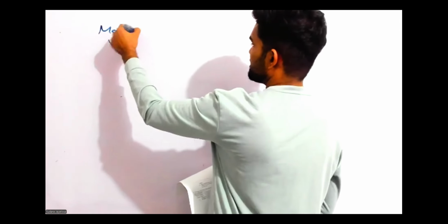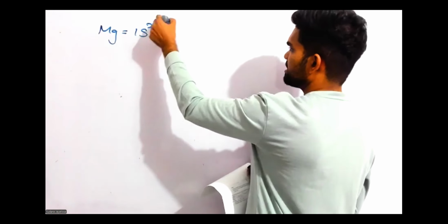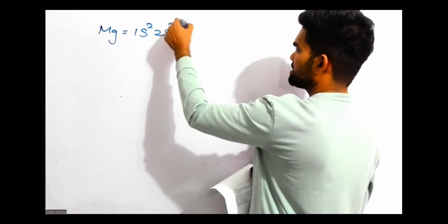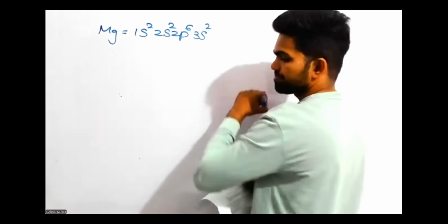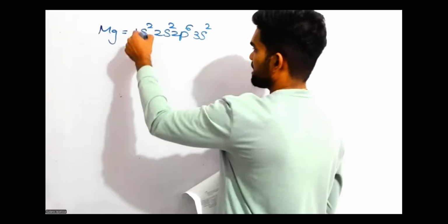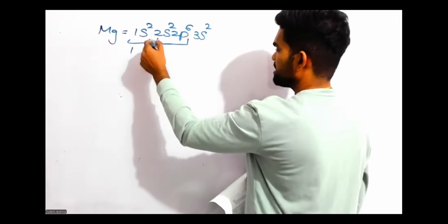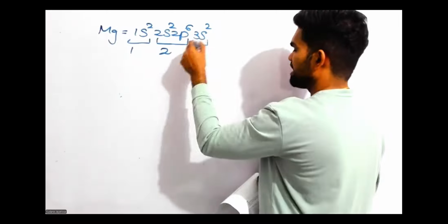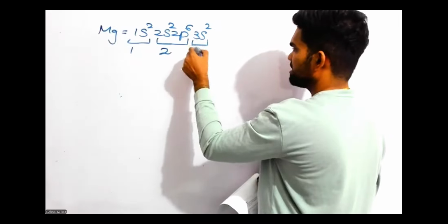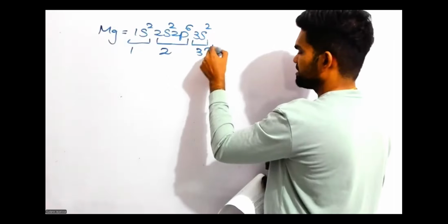If you take the magnesium electronic configuration, it is 1s2, 2s2, 2p6 and 3s2. Two electrons are in the first energy level, these 8 electrons are in the second energy level, and the last 2 electrons are in the third energy level.